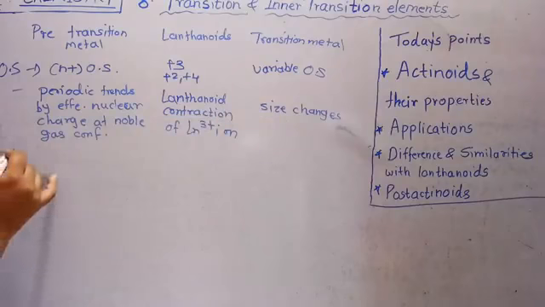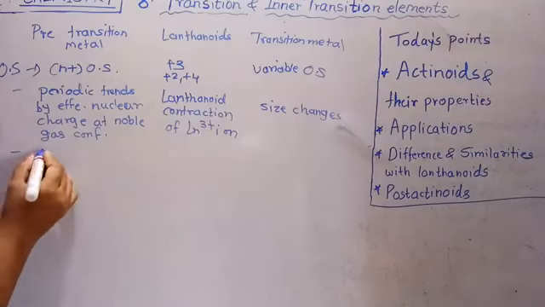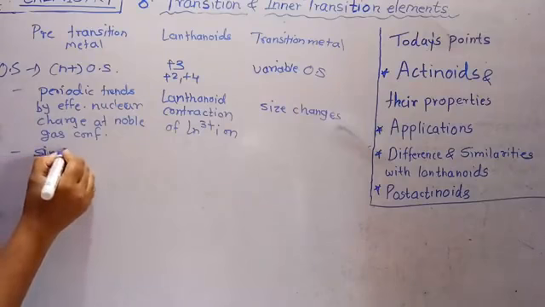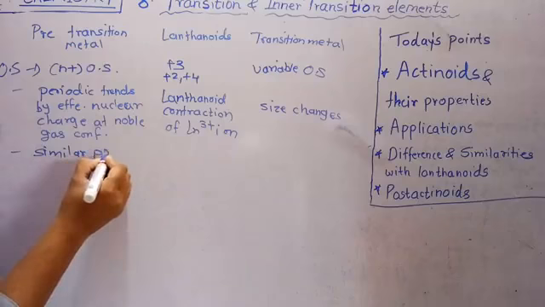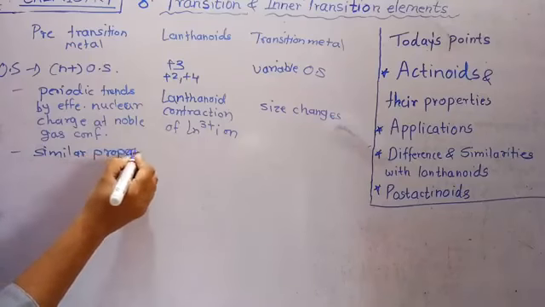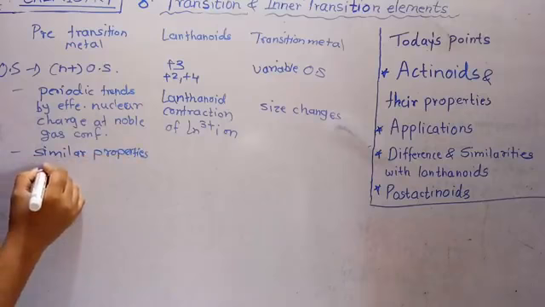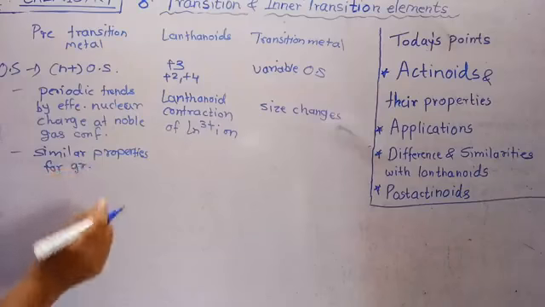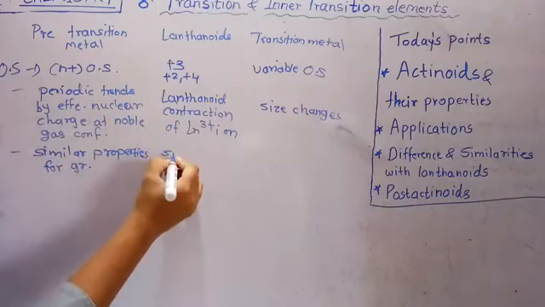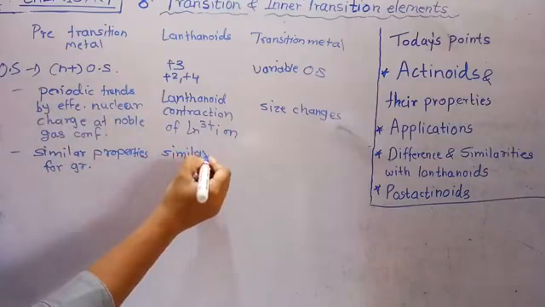The next one. The pre-transition metals show similar properties within a group. According to group number 1, they show similar properties. According to group number 2, they show similar properties. The lanthanoids also show similar properties.